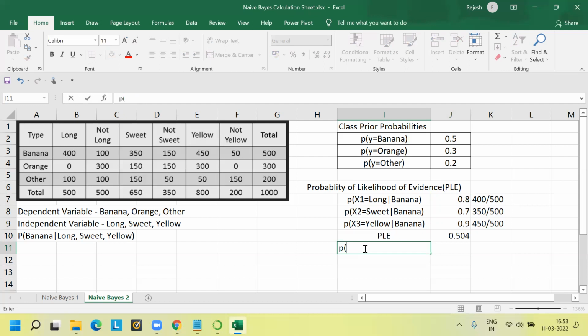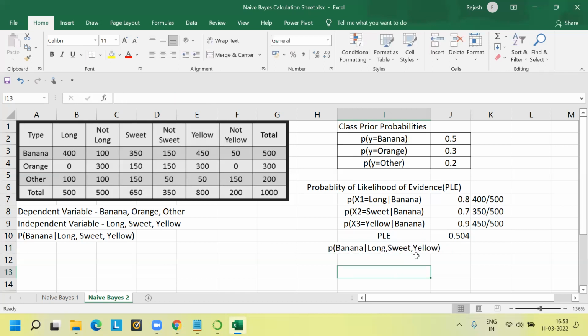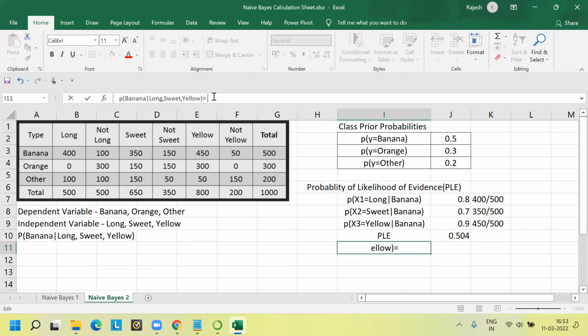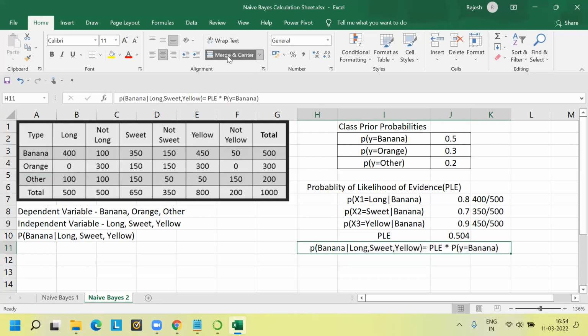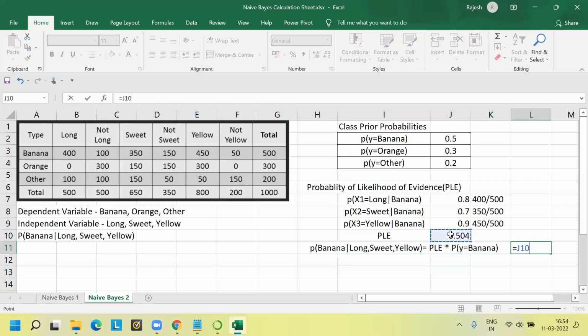Probability of the fruit being banana given it is long, sweet and yellow is equal to PLE into probability of y equal to banana. So 0.504 into 0.5 is 0.252.